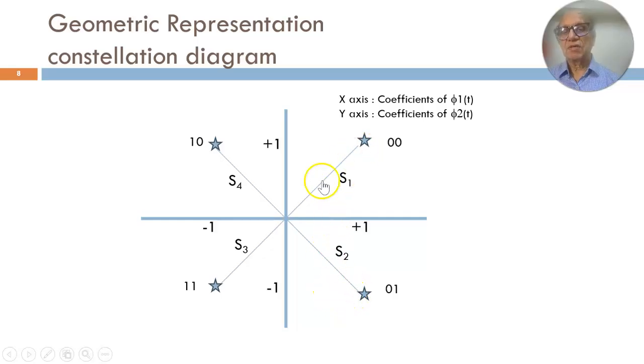You can see that 0 0 and 1 1 have a Hamming distance of 2. In other words, 2 bits are different, but the distance is much larger. So this error is less likely to occur. So it is the difference between these constellation points that will decide the noise performance of the signaling design.